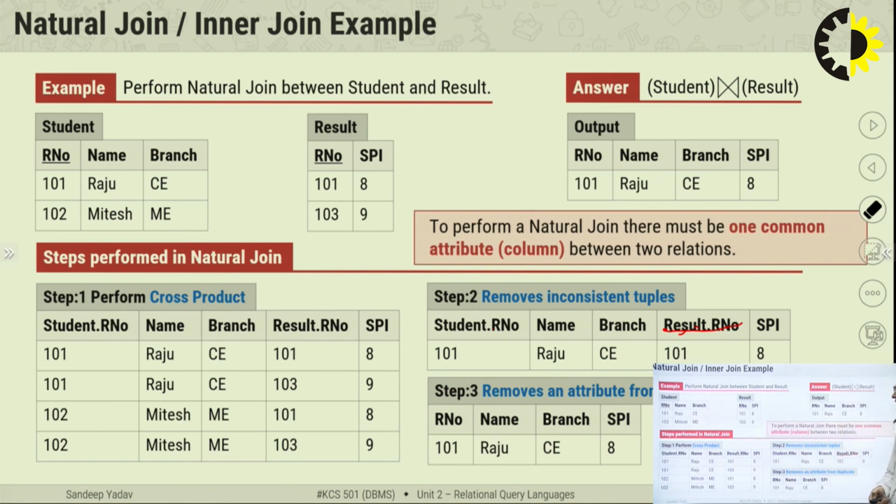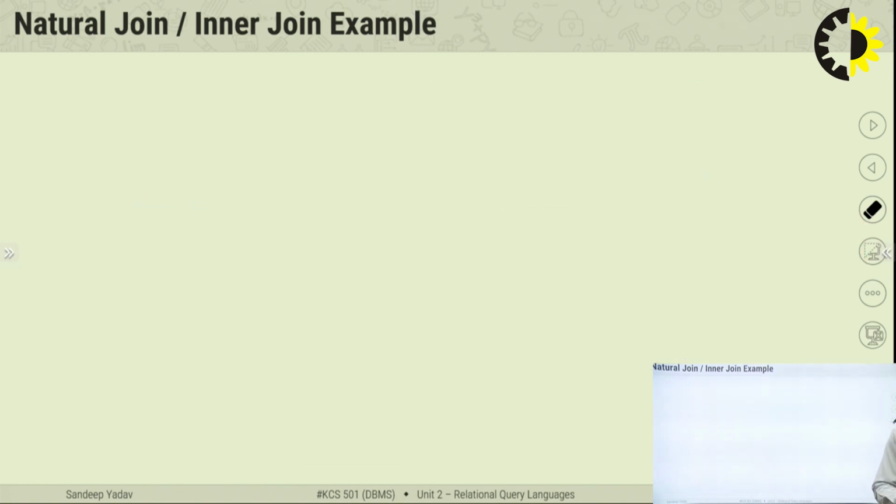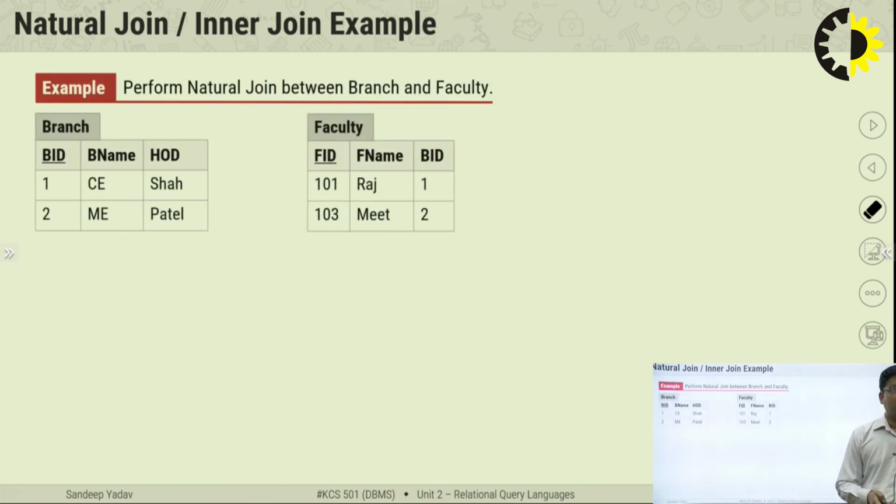So to perform a natural join, as I have already stated, there must be one common attribute or column between the relations. Here is one more example of natural join, so that you can better understand. We have to perform the natural join between branch and faculty.